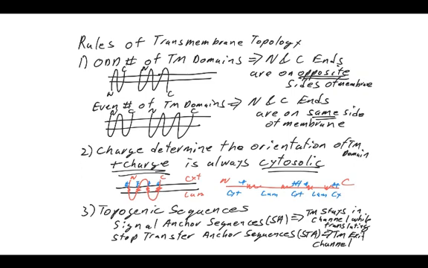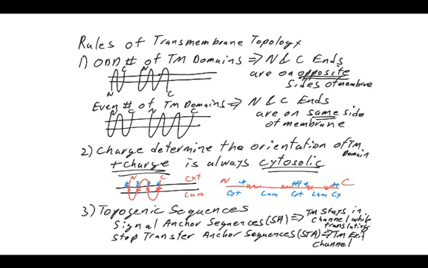So there comes a point where you have the transmembrane domain in the channel, but when you're queuing up and you're ready to move on to the next transmembrane domain, this stop transfer anchor sequence allows it to traverse laterally, and then it can start working on the next set of loops.